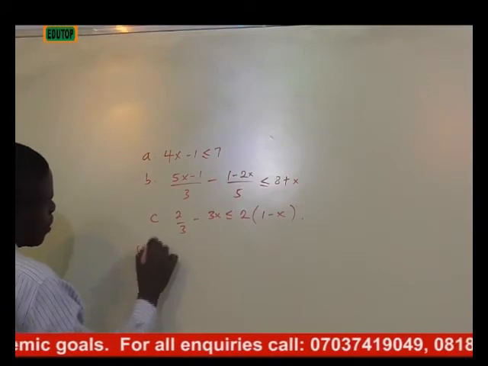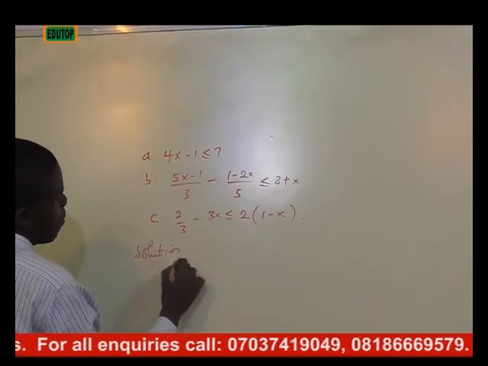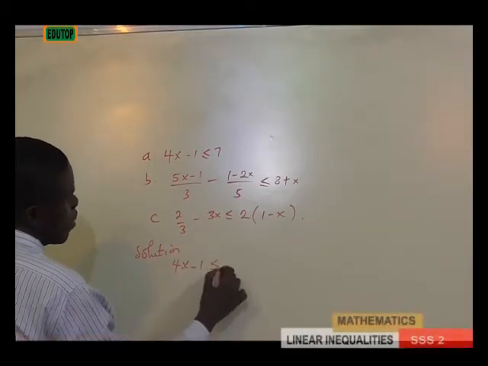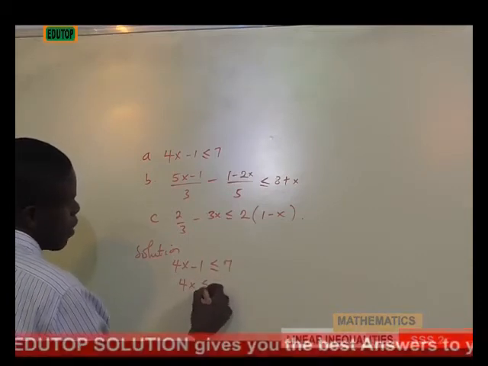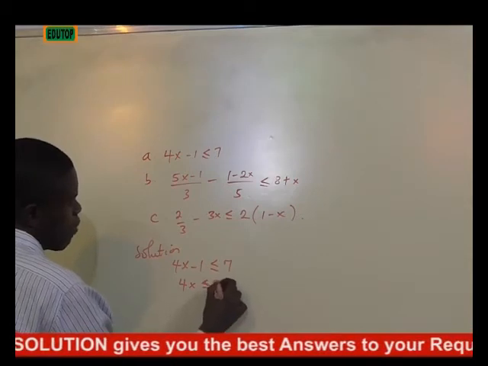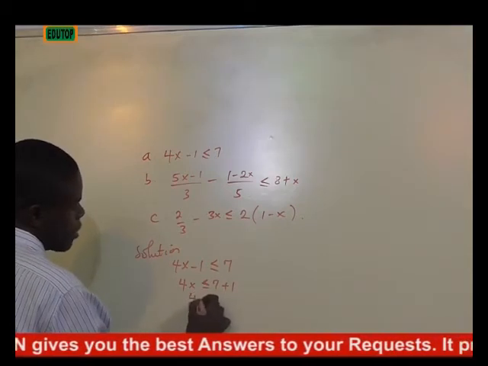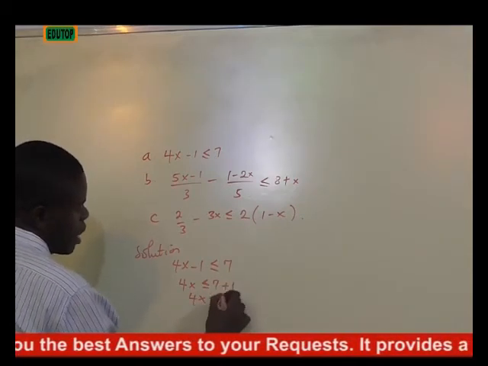So solution to this now, we have 4x minus 1 less than or equals to 7. So we collect like terms. We have 4x less than or equals to 7 plus 1. And that will be 4x is less than or equals to 8.